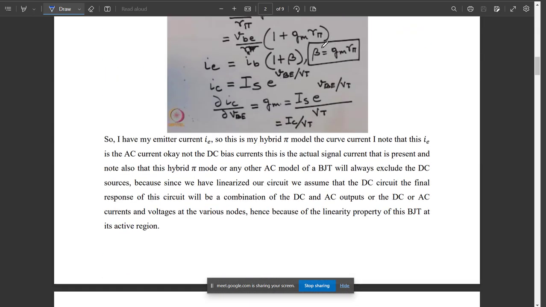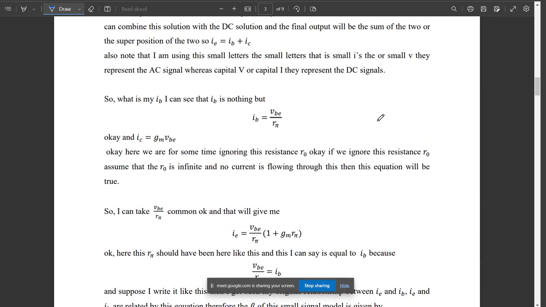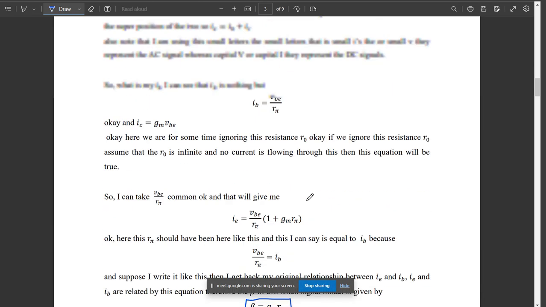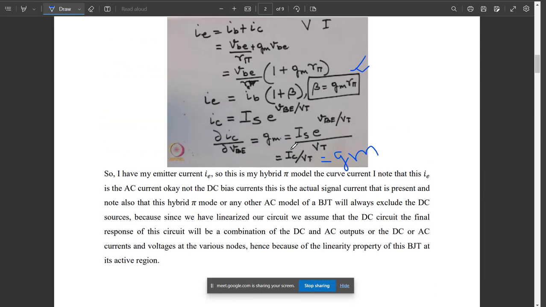Beta can be given as gm r pi, right? gm can also be given as IC by VT. So we already have IC and VT in the question, right? We already know gm is equal to IC by VT.